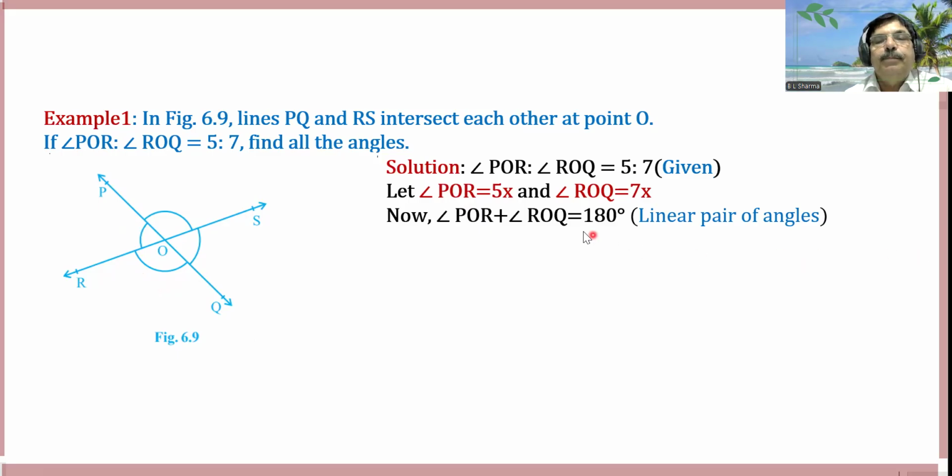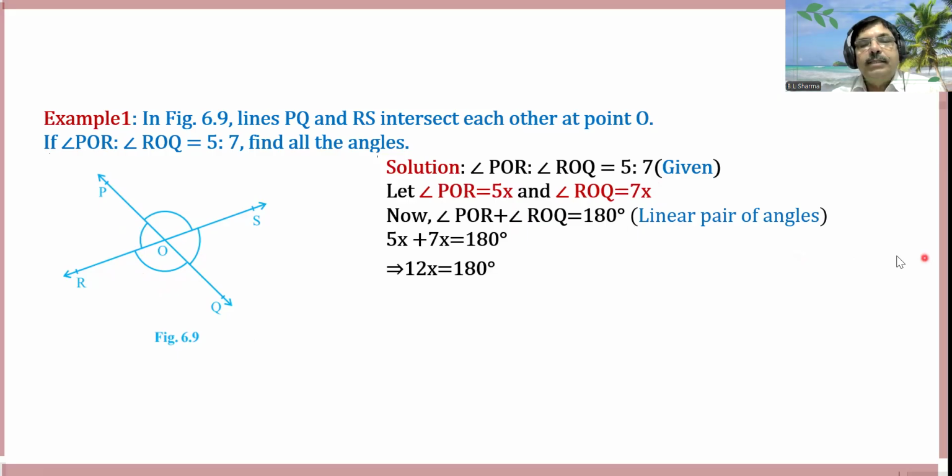In place of angle POR, put 5x. In place of angle ROQ, put 7x. So 5x plus 7x is equal to 180 degrees. 12x is equal to 180 degrees. So x is equal to 180 upon 12, that is 15. So the value of x is equal to 15.